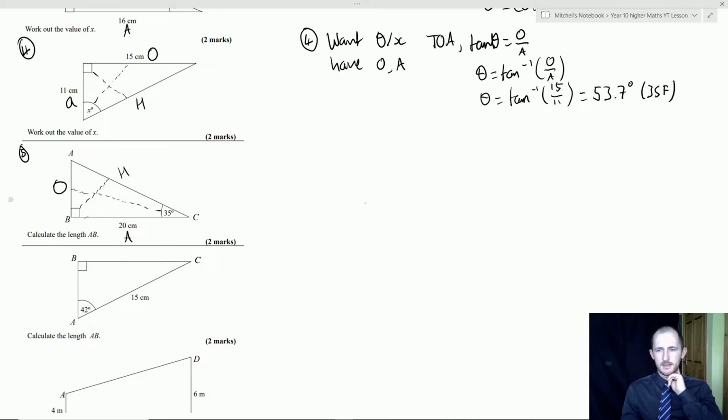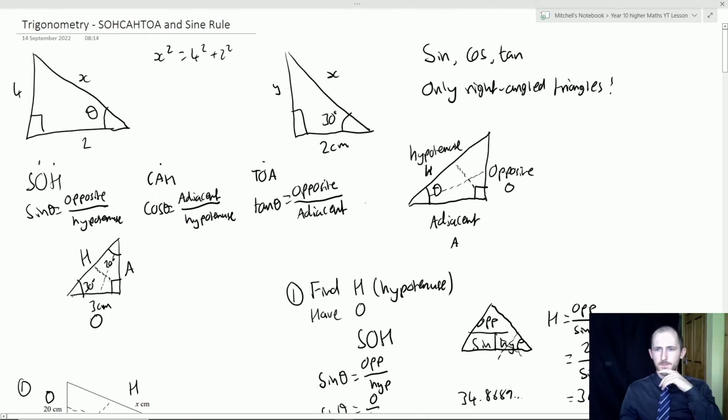Now again, we have an angle and we have adjacent, and we want, what does it say we want? The length AB, which is the opposite side. So if we're looking at O and A in this case, let's go back up to our triangles.